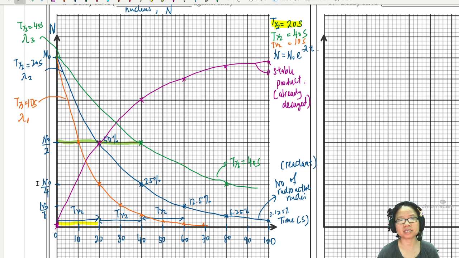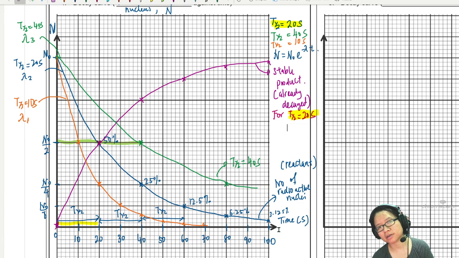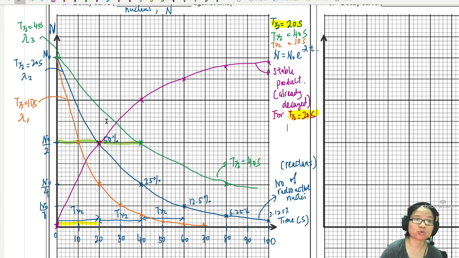Okay, so if the probability is greater, like lambda 1, the drop will be very fast. And this purple is the stable product, which is already decayed. This is for half-life 20 seconds. All right, so this is to correspond with the blue graph. So sometimes they will draw the number of radioactive ones dropping, but the number of stable will be increasing.